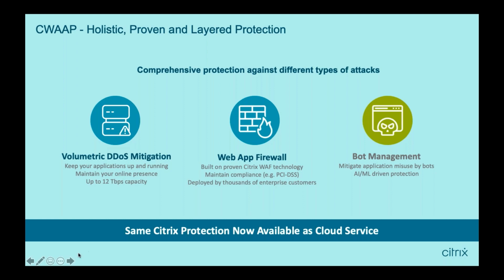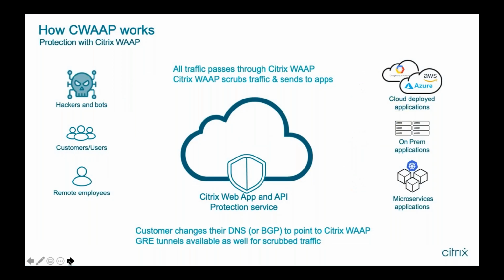Now, how does it work? Very, very simple. As you see, users on the left-hand side, your customers, your users, remote employees, as well as attackers. And you can see your application on the right, and your applications can be on-prem, even though it's a service, your application, your infrastructure can be anywhere.